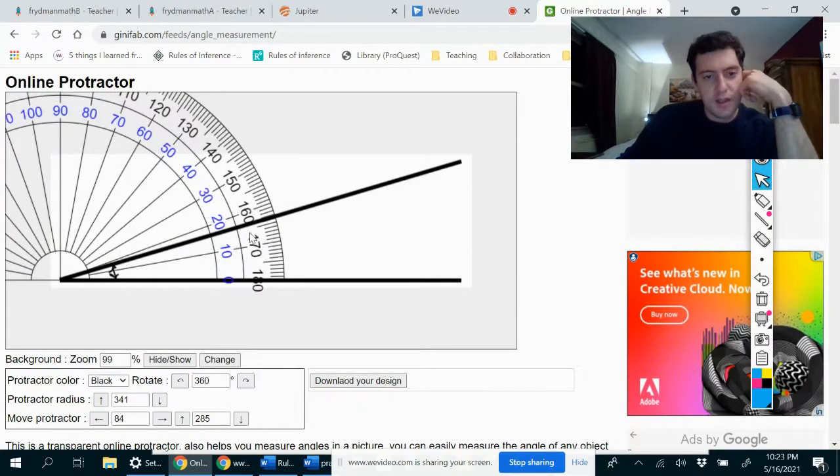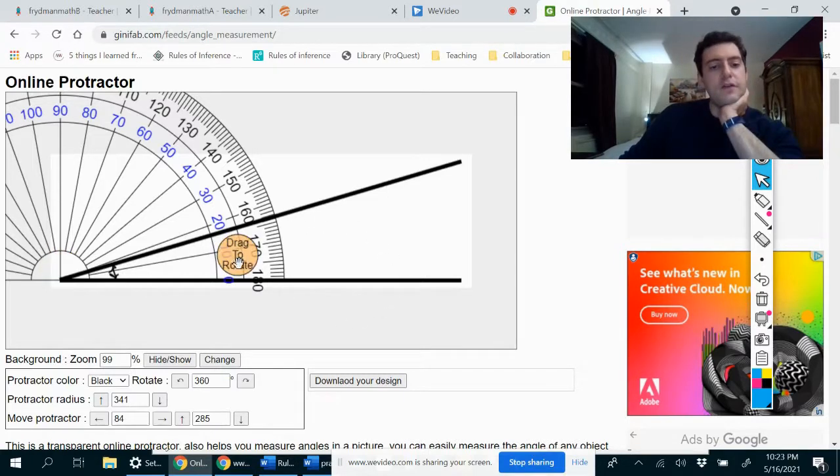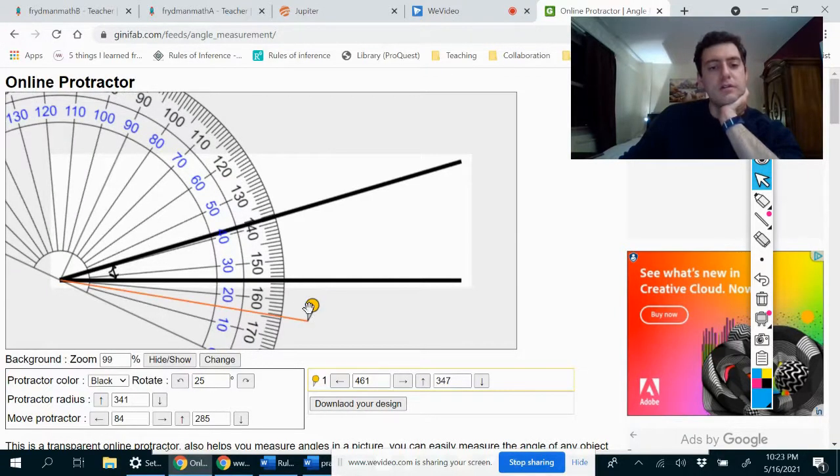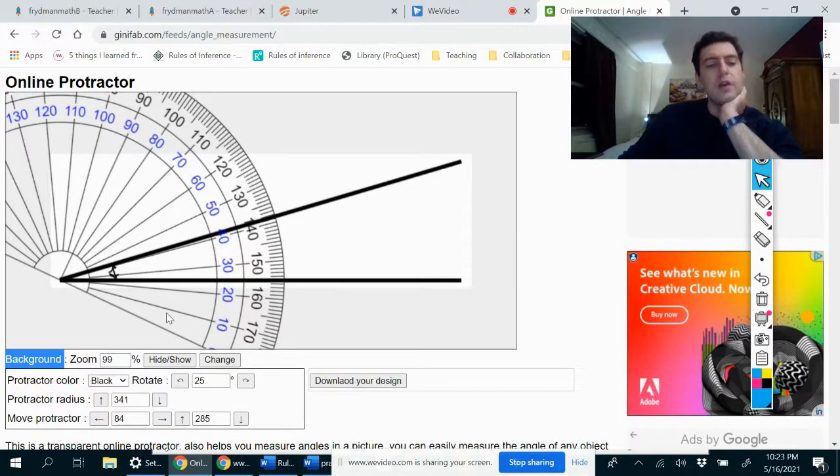And we said that this was 16 degrees, right? Now, what if you had made your protractor go like that, so that neither one of these lines is going through 0?